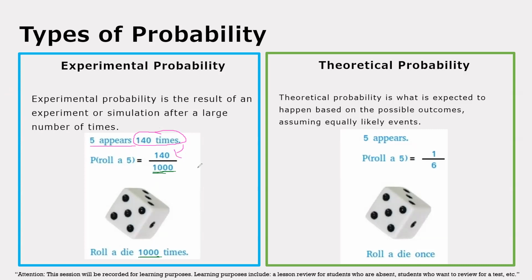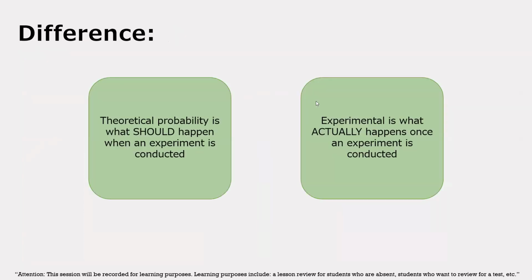So that is our numerator. So with experimental probability, our answers may be different because it's based on us actually doing it. It's based on that actual experiment. So the main difference to take away from this is theoretical is what should happen.